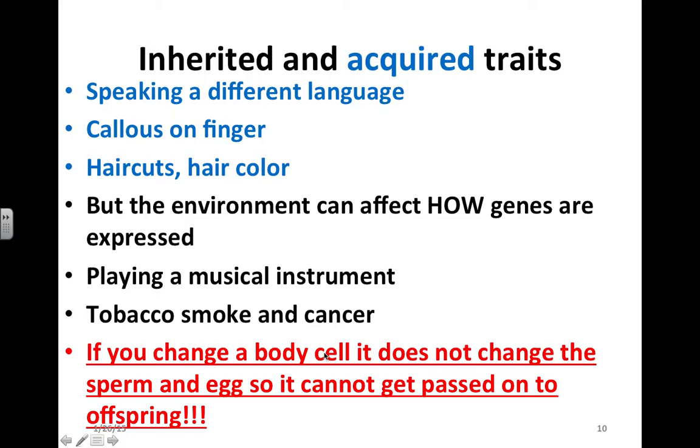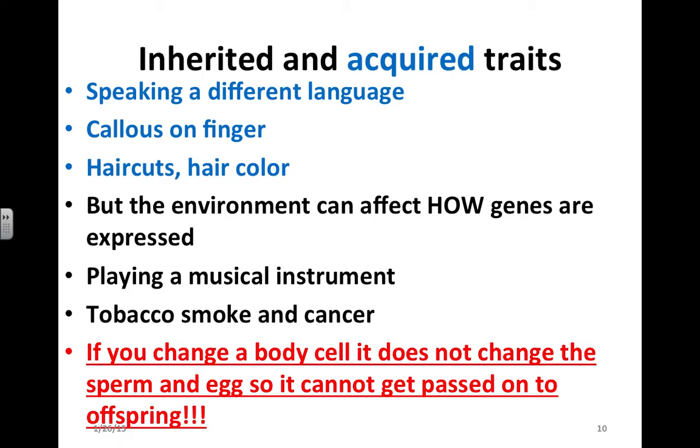All the cells that make up your finger that you lost are gone. So does that mean if you have a child, you could pass on a gene for no finger? No, not at all. If you have genes that say you have all 10 fingers, that's what you're going to pass on. So just because something in your body changes doesn't mean, unless you change your sperm and your egg, it can get passed on.